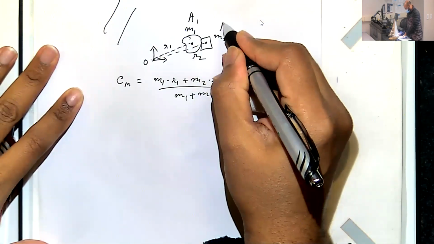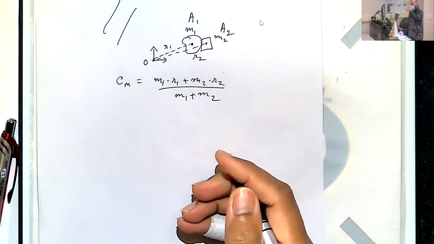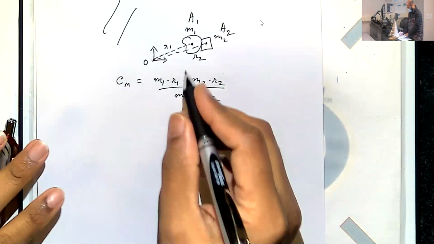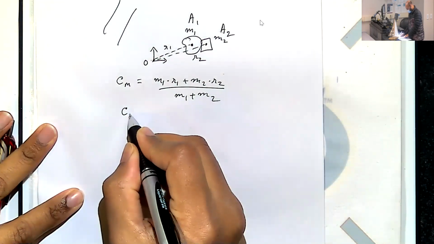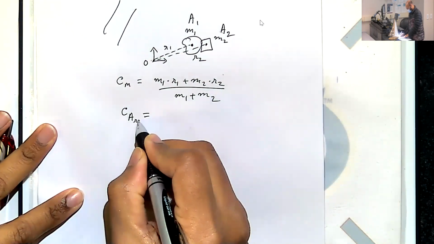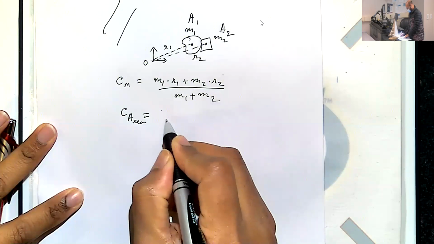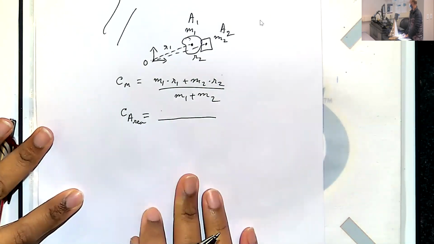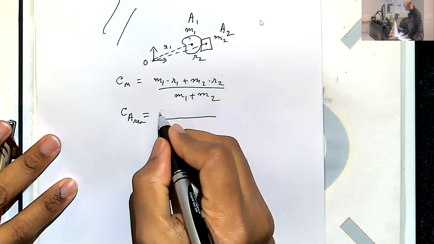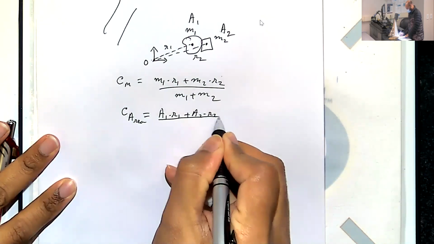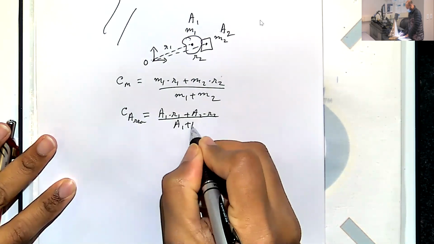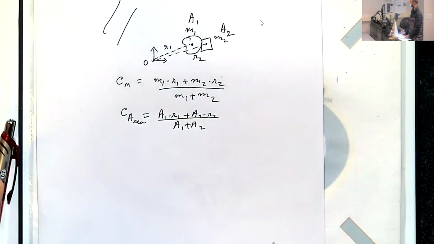Talking about mass, you can do the same thing with area 1 and area 2. If it's a 2D object, I'll write down center of area. What do you think it is? Yeah, it's A1 times R1 plus A2 times R2, over A1 plus A2. Okay.